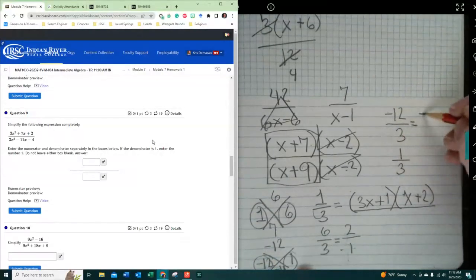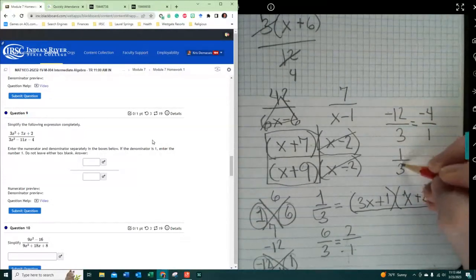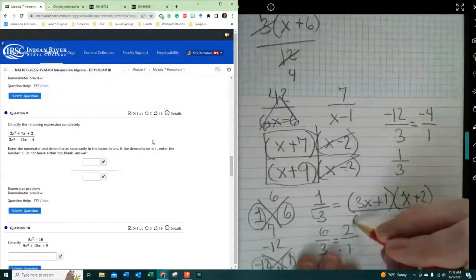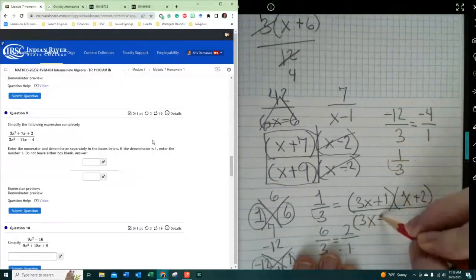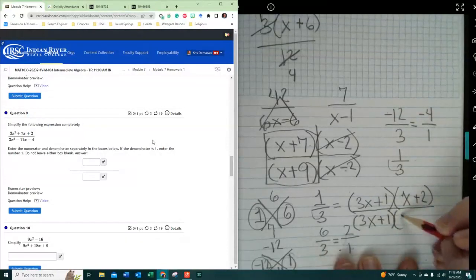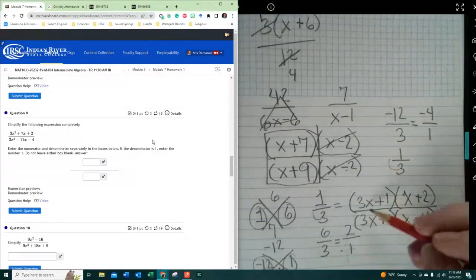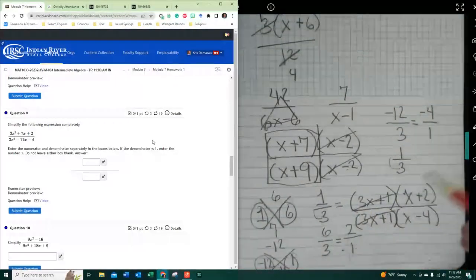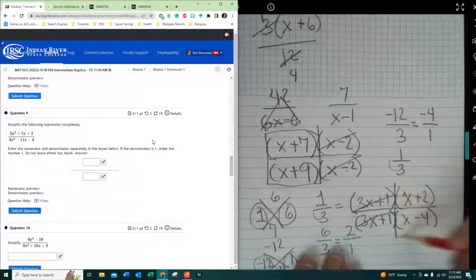And then this reduces down to -4 over 1. This is going to remain as 1 over 3. Now that gives me 3, because remember, bottoms up, 3x plus 1 again, and then it's also going to give me 1x minus 4. So now I have this factor, these cancel, so factor to reveal to cancel leaves me with this as my answer.